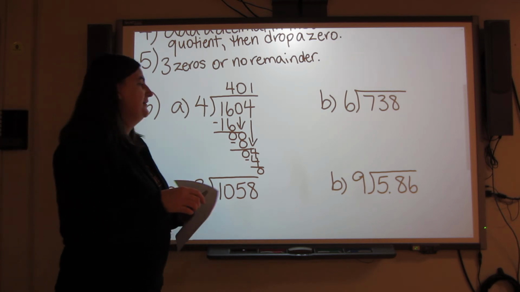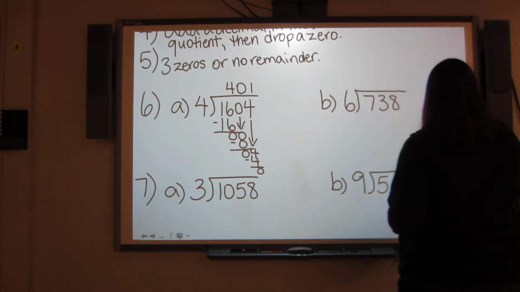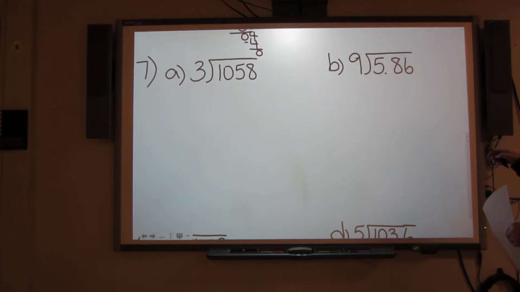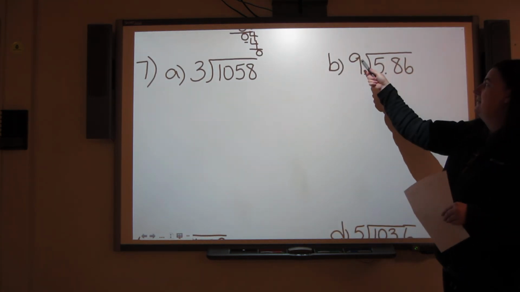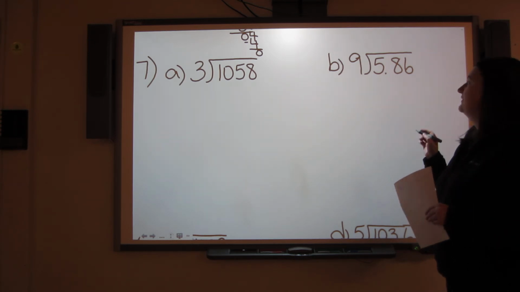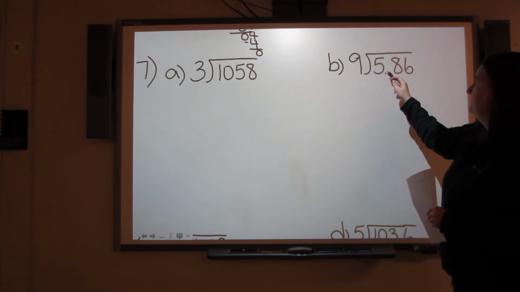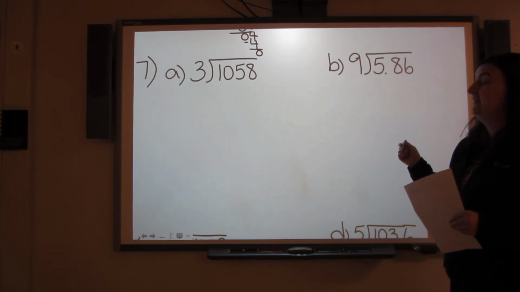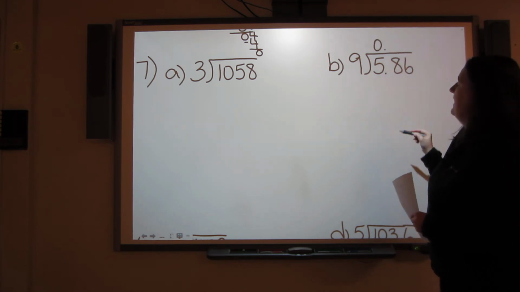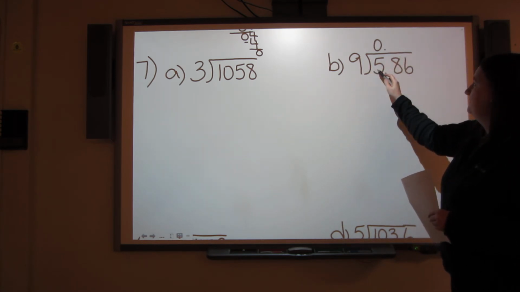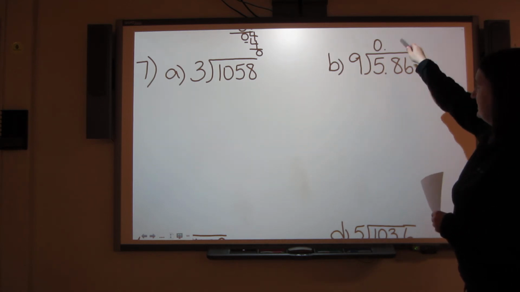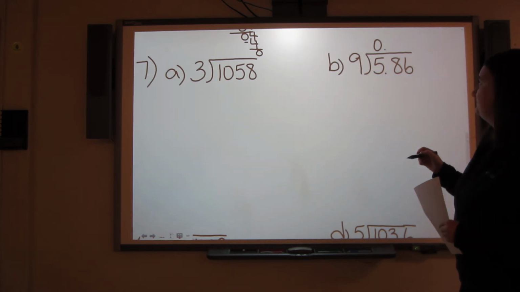Let's talk about B over here in number 7. I left myself much more room here, that's good. 9 goes into 5. It can't, 5 is too small. So I'm going to have to do 9 into 58. That's fine, but there's a decimal. Now I can do 9 into 58 because I've moved past the decimal but I do have it in my answer.